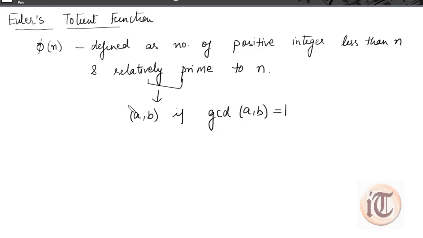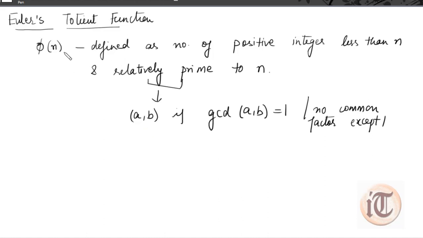So these two numbers are relatively prime when their GCD equals 1, or we can say there is no common factor except 1. If this condition is satisfied, then we can say these two numbers are relatively prime.